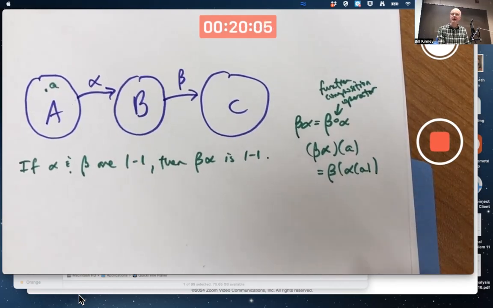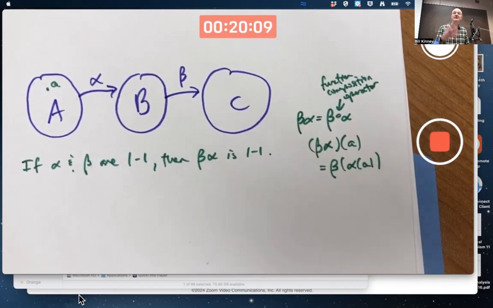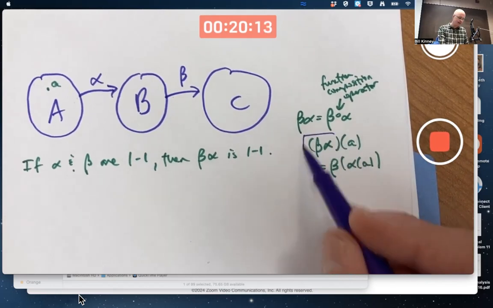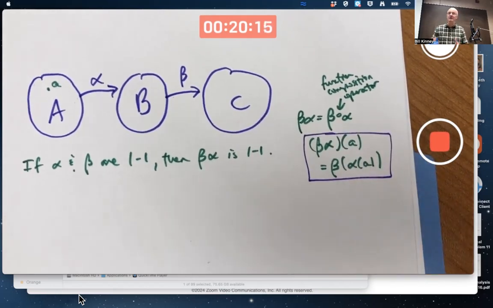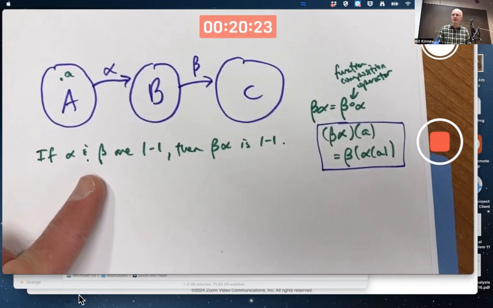That's its formula, you might say, assuming you have formulas for alpha and beta individually. Now, again, this is an abstract problem, so we don't have formulas. But we do have properties, and we want to verify those properties.